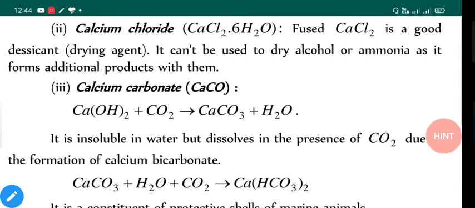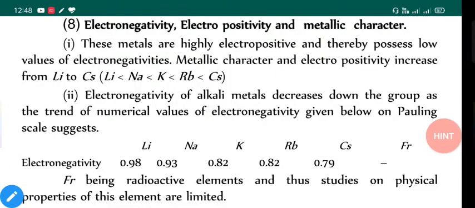So this is the only addition in the topic of calcium, because calcium compounds were already discussed in the textbook. Now in addition to the properties of alkali metals, we can add electronegativity, electropositivity and metallic character. These metals are highly electropositive and thereby possess low values of electronegativity.